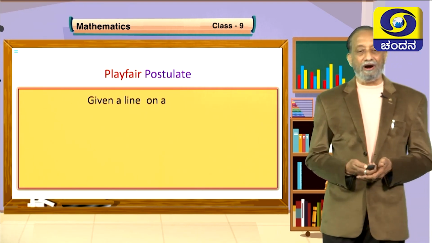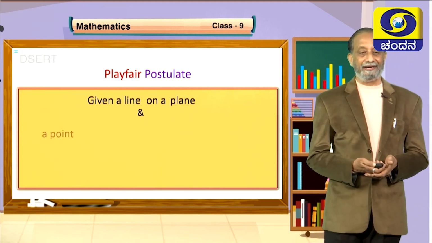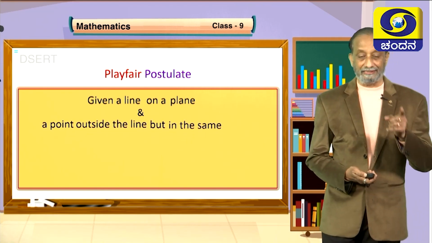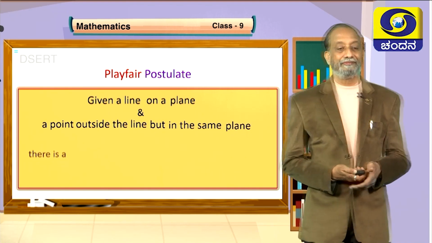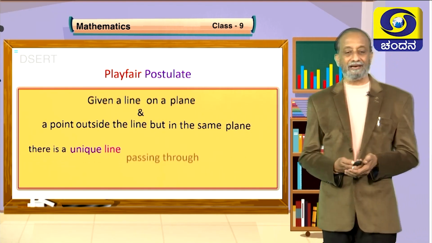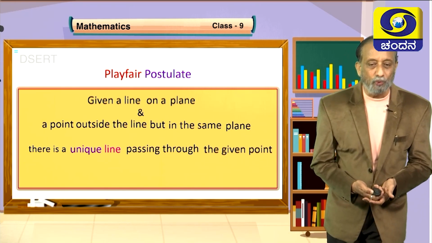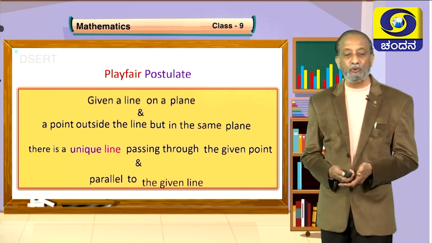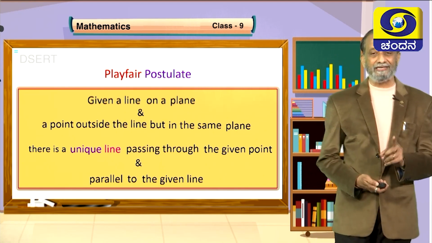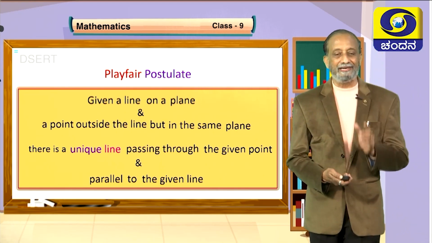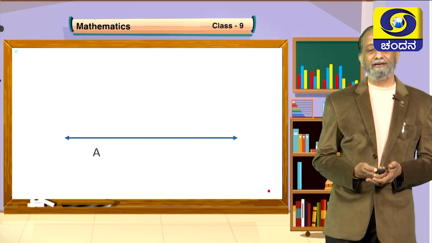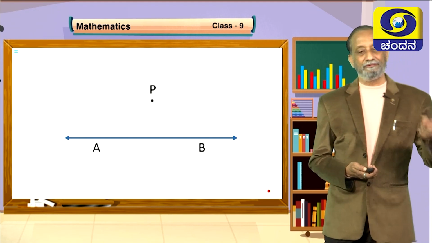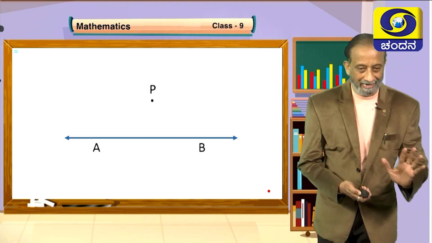Now Playfair postulate: given a line on a plane and a point outside the line, but in the same plane, there is a unique line passing through the given point and parallel to the given line. Unique line means there is only one line. Let us try to understand this with the help of a figure. Here is a straight line AB, here is a point P which is also lying on the same plane.